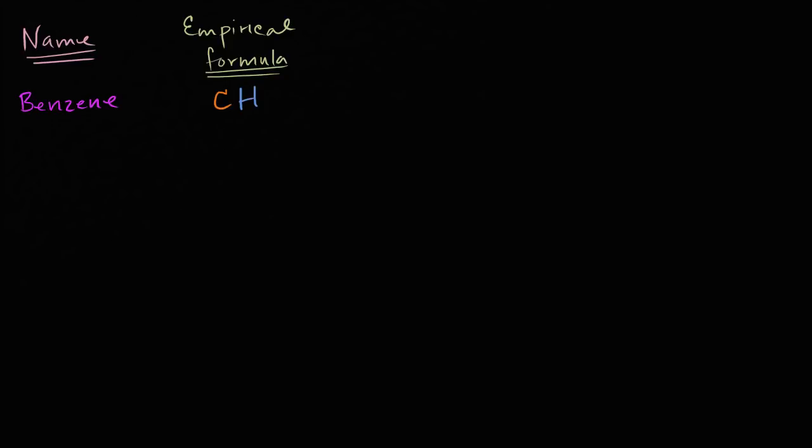And to answer that question, that's when you would want to go to the molecular formula. And the molecular formula for benzene, which is now going to give us more information than the empirical formula, tells us that each benzene molecule has 6 carbons and 6 hydrogens.